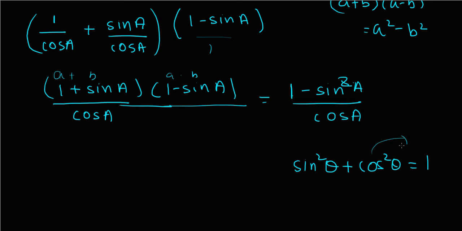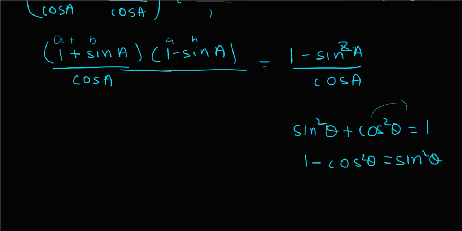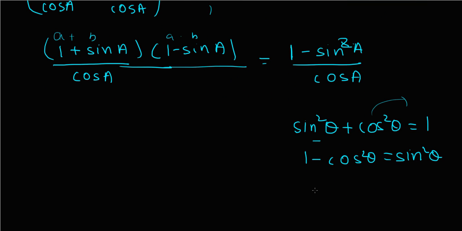Now what happens if I shift cos square there? I have 1 minus cos square theta equal to sine square theta. And similarly, if I shift sine square over there, I have 1 minus sine square theta equal to cos square theta. So these are the different forms I can write the same identity in.